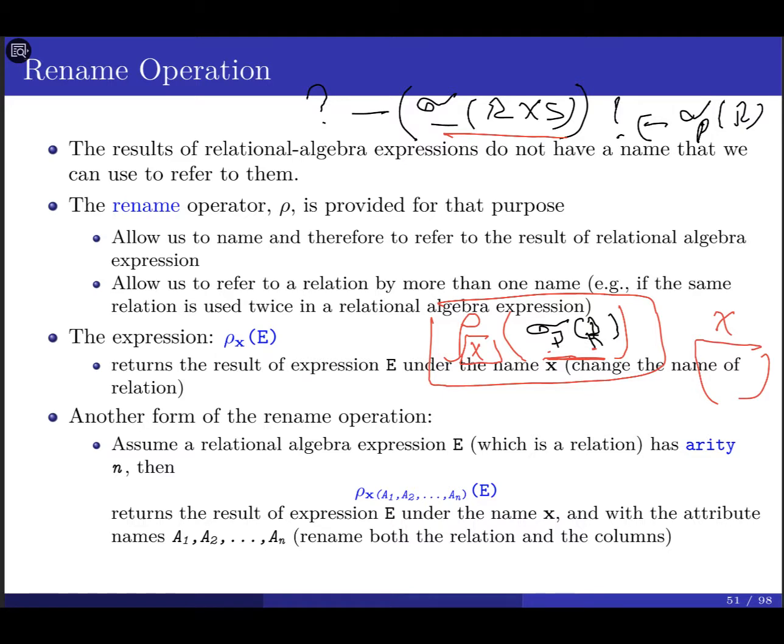Clear? It also sometimes allows you to refer to the relation by more than one name. For example, I'm going to give you an example that requires us to access the data from the same relation twice. So I need to concatenate the relation and the data from this relation with itself. Then after that, I need to perform another computation. That's going to happen many times.